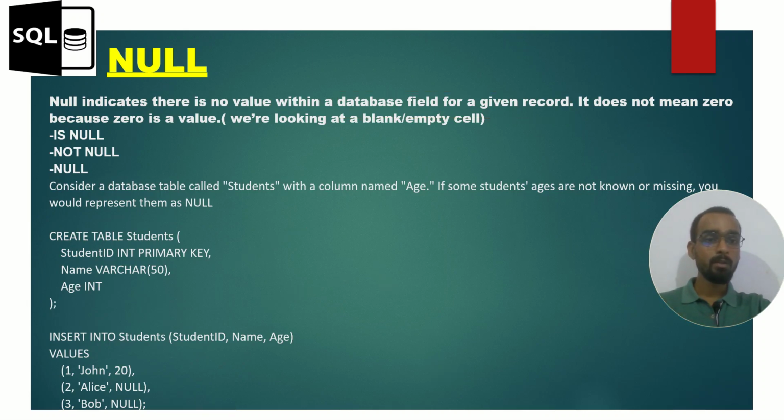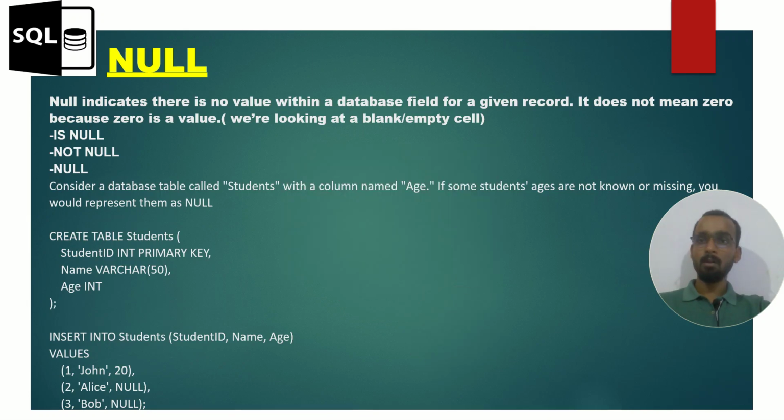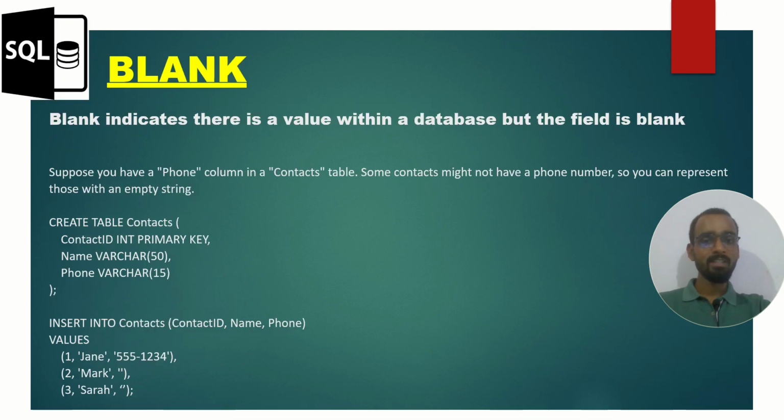Now coming to the next, which is blank. I hope you are paying attention till here. So let's get started with blank. I'm just reading this definition first. Blank indicates there is a value within a database, but the field is blank.